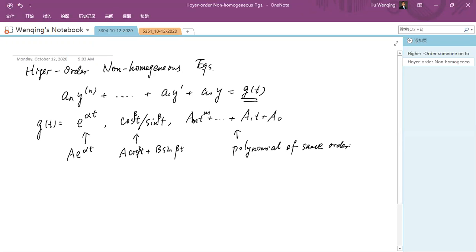We've been trying several examples in the last lecture to show you how everything works out.